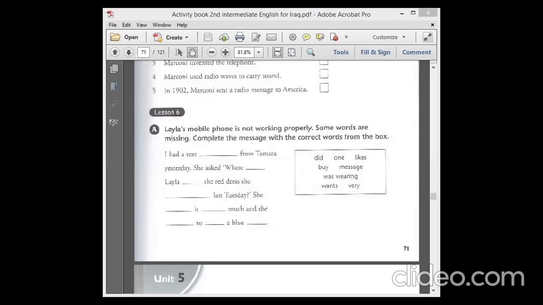It says, Layla's mobile phone is not working properly. Some words are missing. Complete the message with the correct words from the box. Now, do you know what is meant by properly? This is an adverb, right? So what is meant by properly?